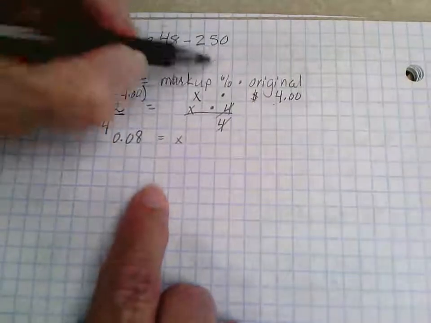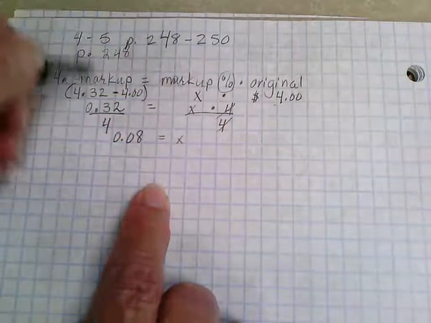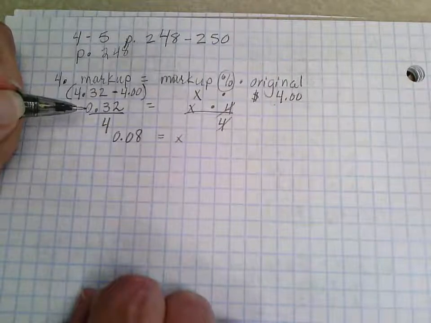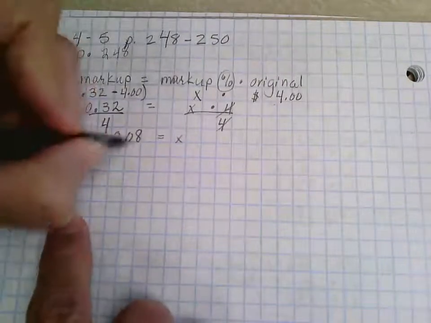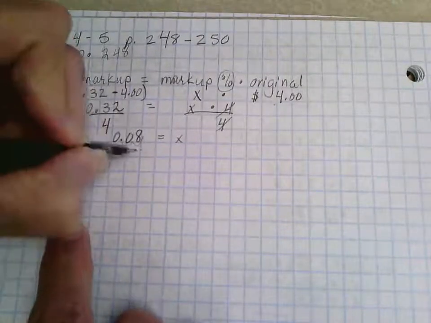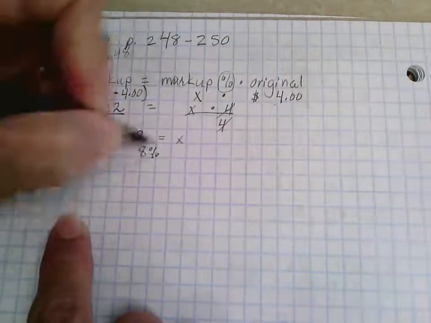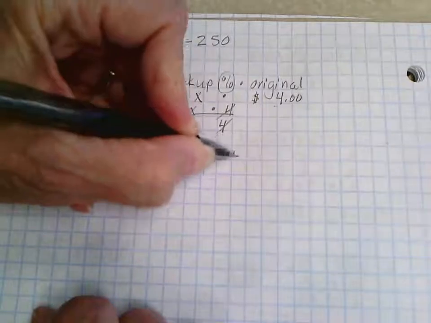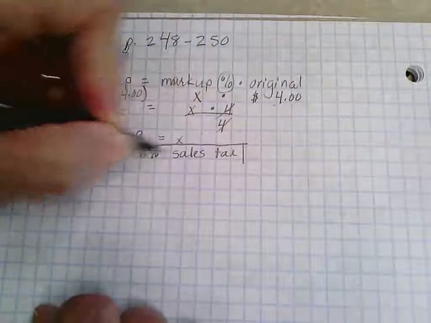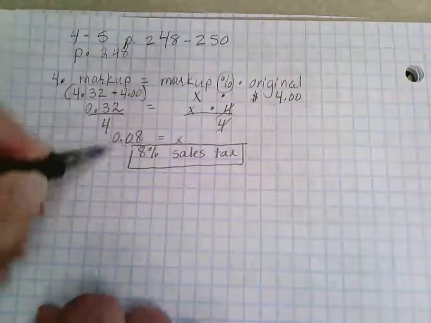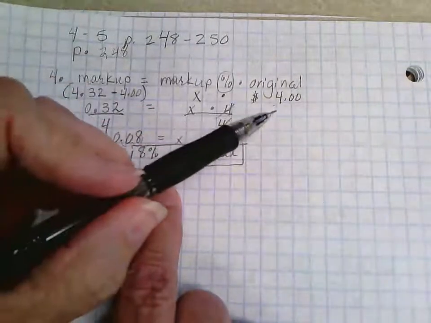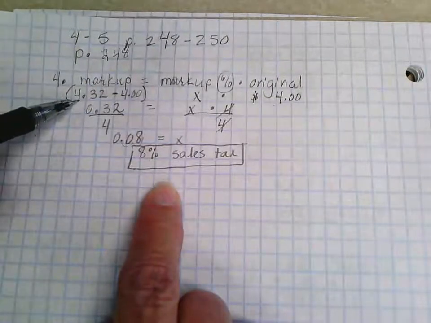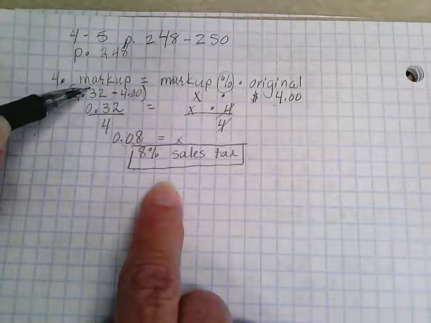So to change that into a percent, we have to move that decimal point 2 places to the right, which is multiplying by 100. So moving it over, that gives us an 8% sales tax. So this person paid an 8% sales tax on a $4 item, and that item ended up costing that person $4.32.